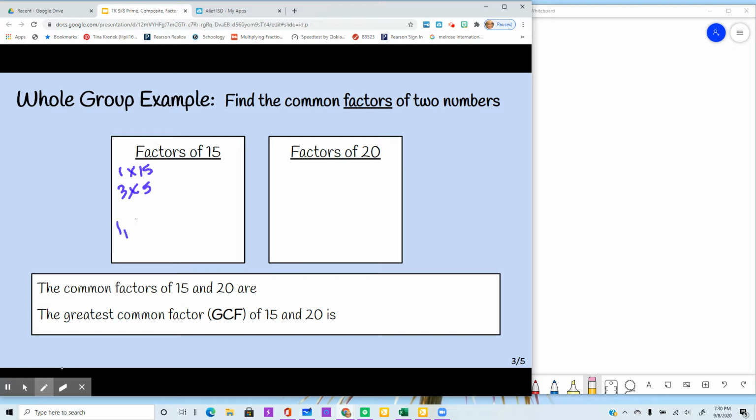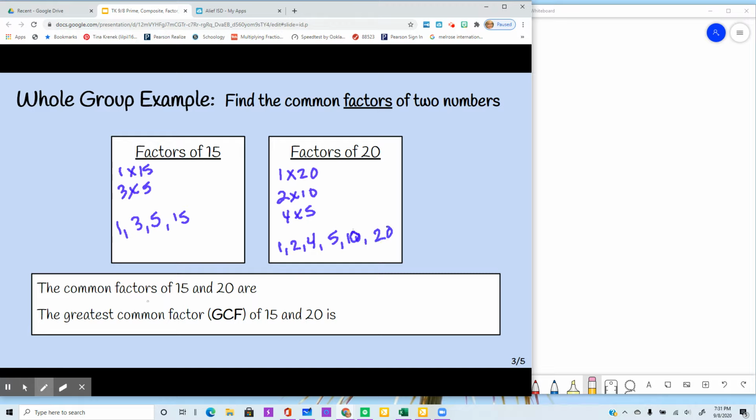So my factors are 1, 3, 5, and 15. The factors for 20 are 1 times 20, 2 times 10, 4 times 5. So 1, 2, 4, 5, 10, and 20.